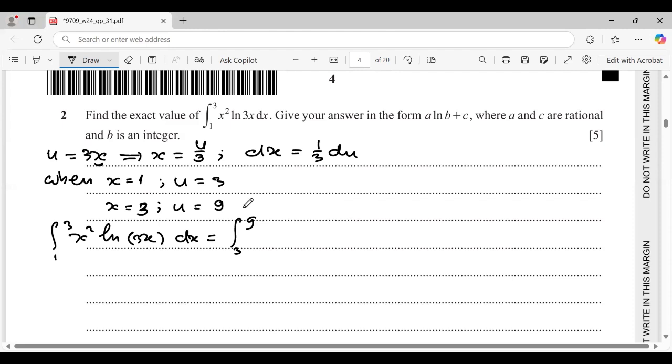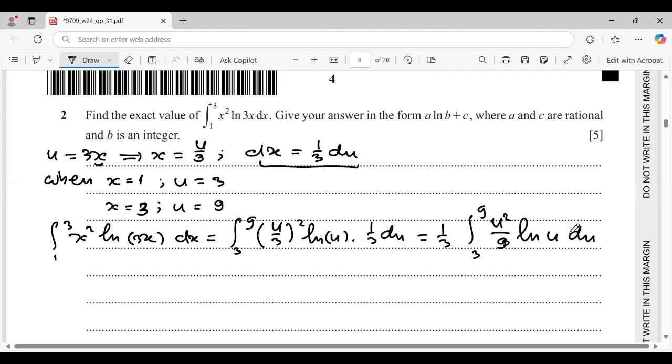Based on this information, this is (u/3) squared ln u, 1/3 du. Based on this information, it becomes 1/3 integral 3 to 9 of u squared over 9, because 3 is squared, ln u du.